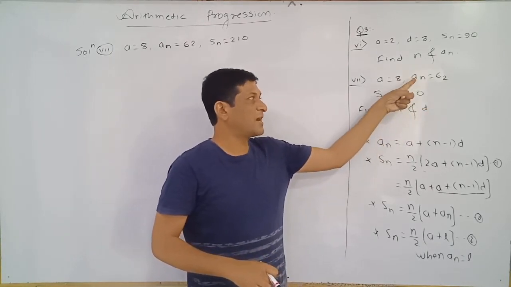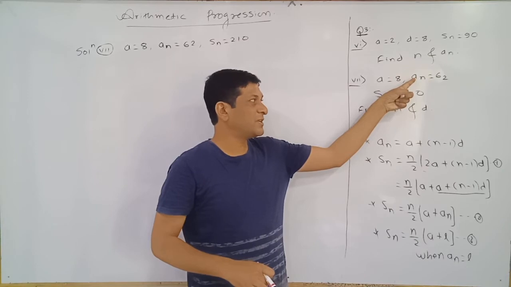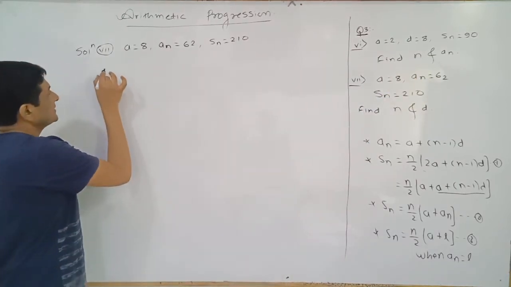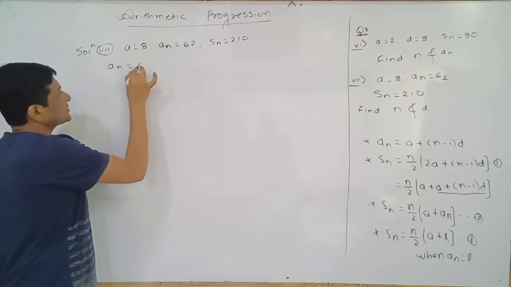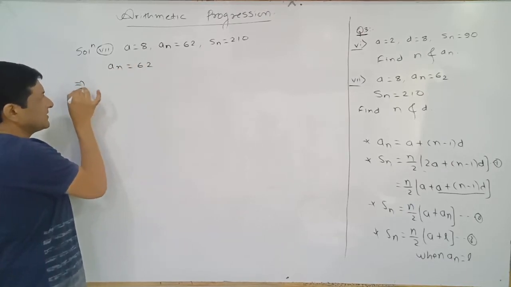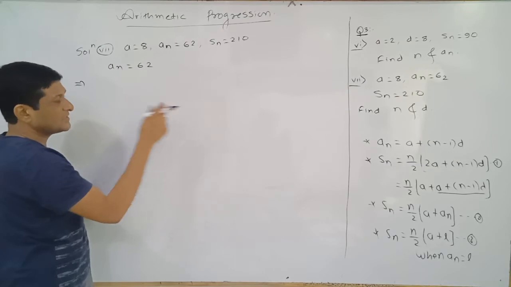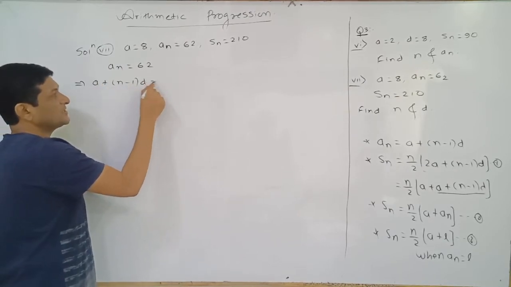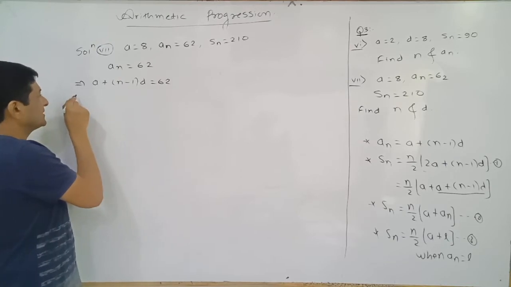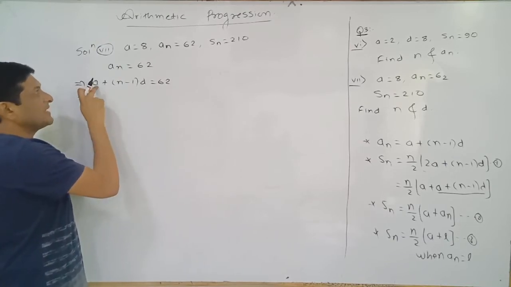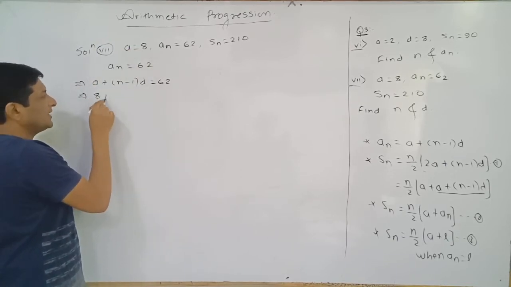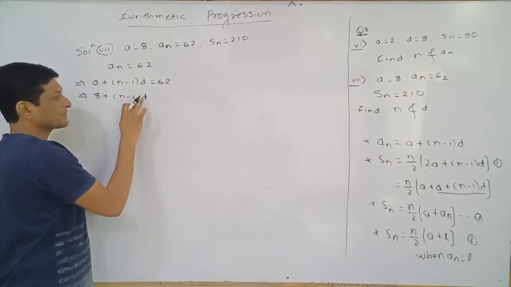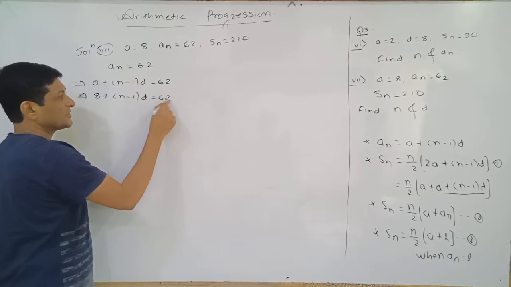So let us try to find one equation using an is equal to 62. So an is equal to 62 implies, what is the value of an? an is equal to a plus n minus 1 into d is equal to 62. So this implies that replacing a by its value 8, 8 plus n minus 1 into d is equal to 62.